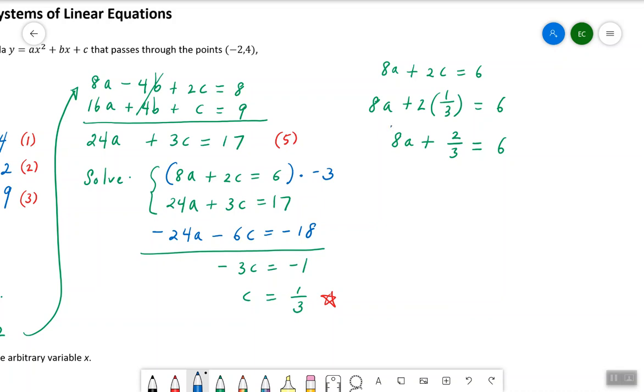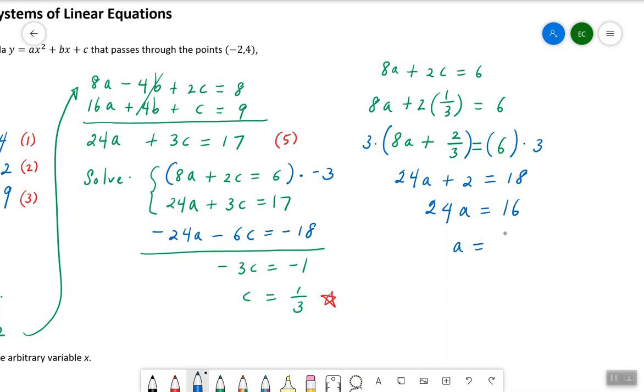And I guess the way we learn to handle this is to multiply by the least common denominator, which is just 3. And so then we'll get 24a plus 2 equals 18. We can subtract 2 on both sides and get 16.